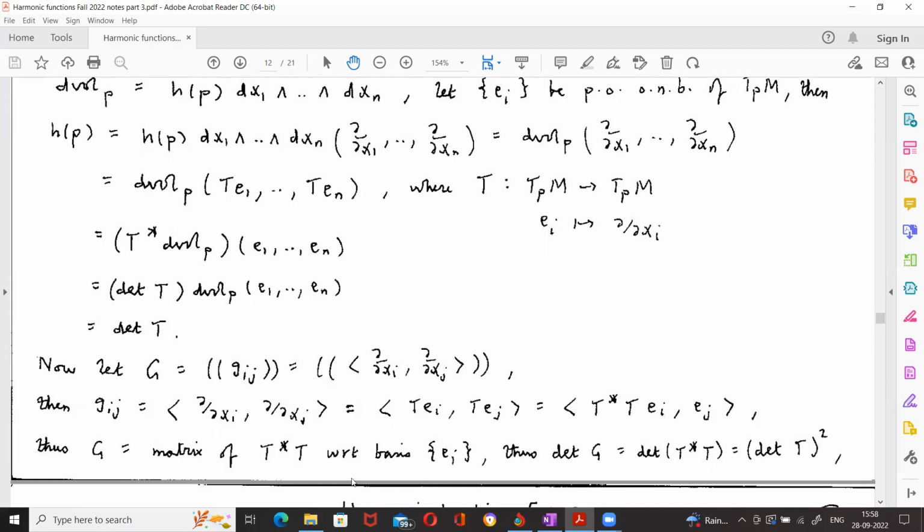So therefore, what is the determinant of G? It's the determinant of T star T, and the determinant of T star T is the determinant of T whole squared.